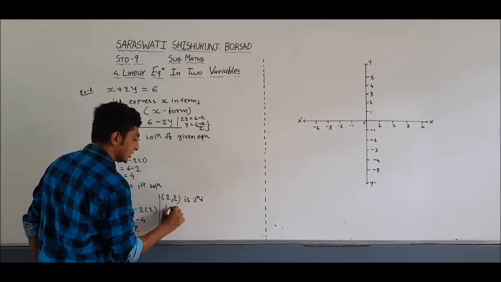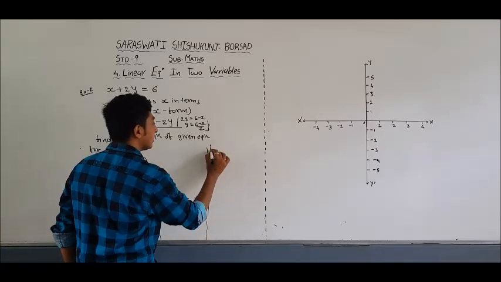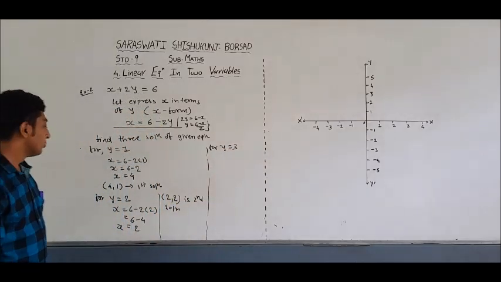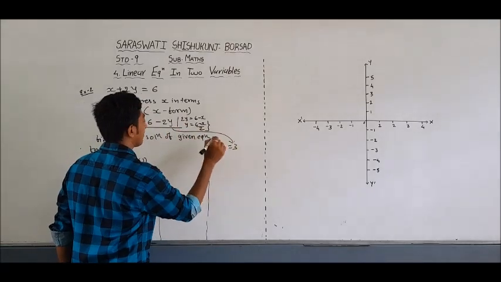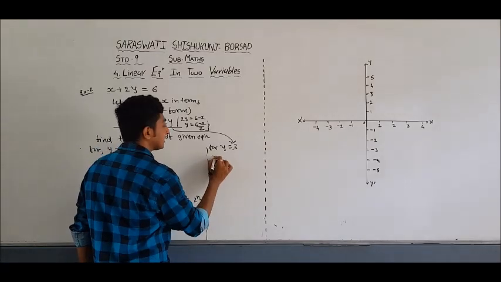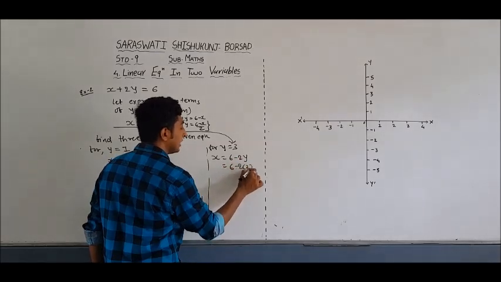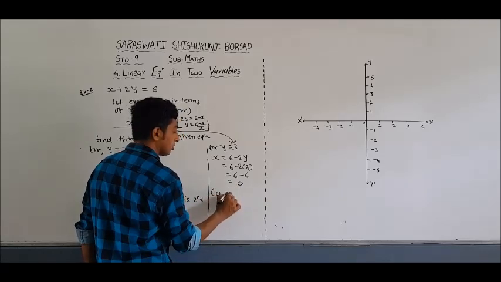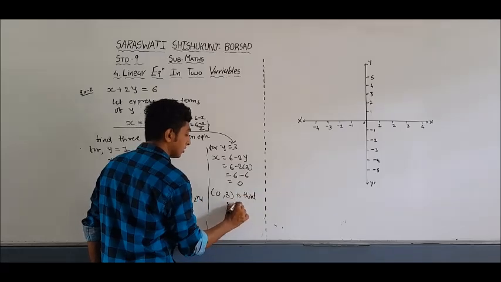Let us take another value, y equal to 3. You need to substitute the value of y in this form, x equal to 6 minus 2y. So x equal to 6 minus 2 into 3, that is 6 minus 6 equal to 0. So another solution is (0, 3), the third solution.